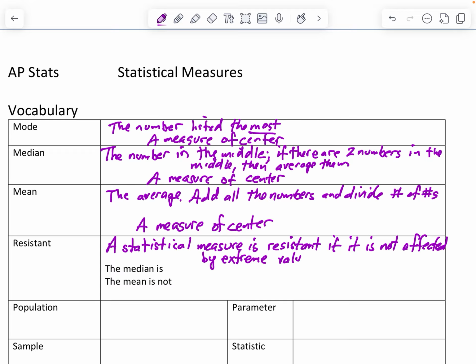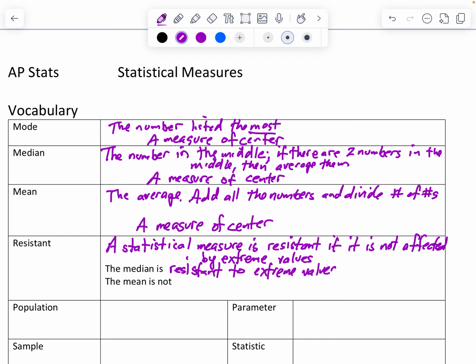So an example would be as if somebody very tall were to replace somebody that's right in the middle of the list, then the median would not change. So the median is resistant to an extreme value, or two extreme values.